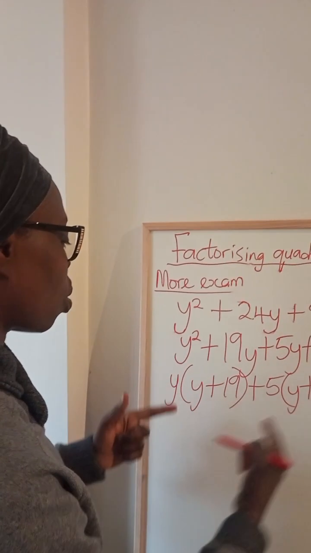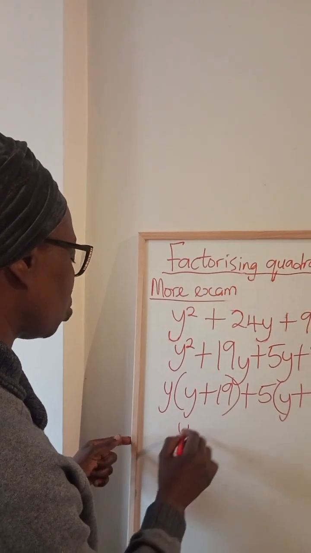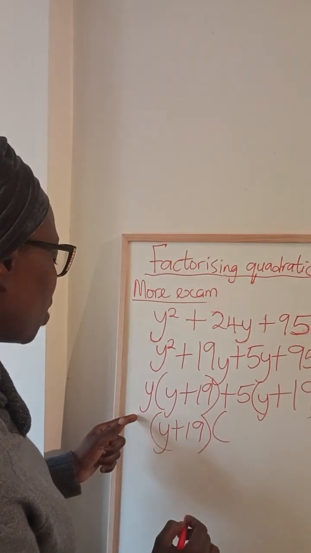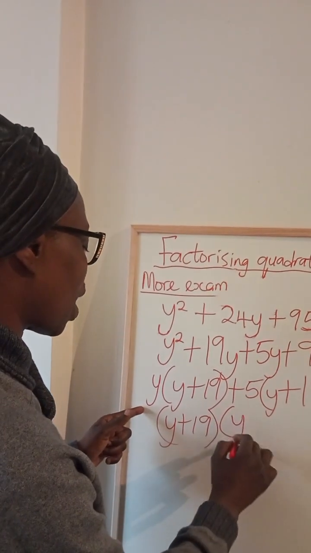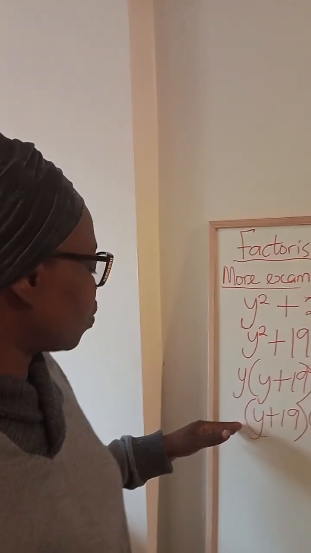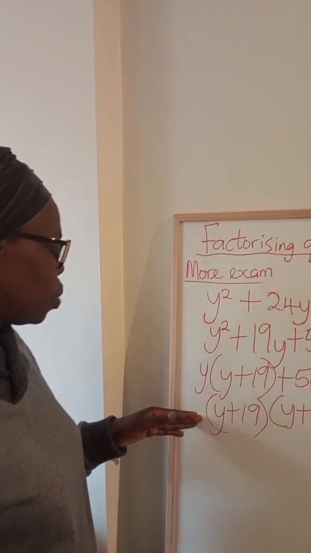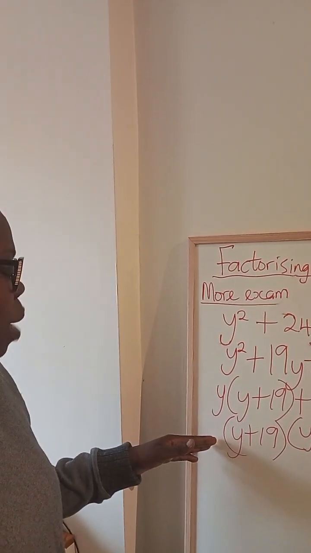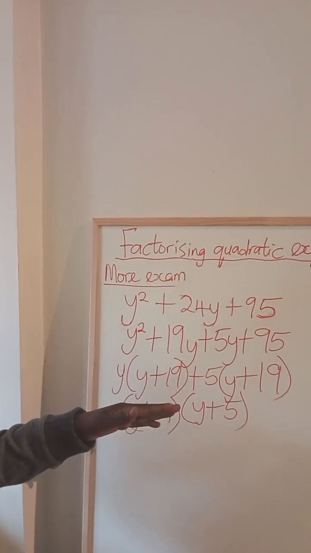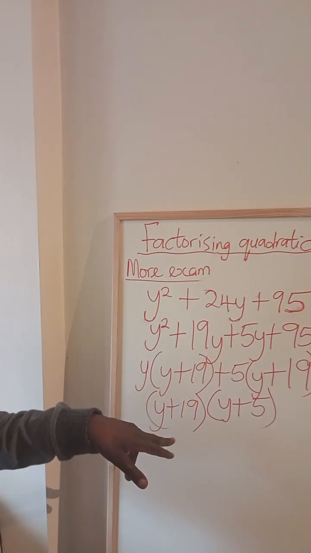So we can pick one of the brackets, which is y plus 19, and factorize out y plus 5. So we have the result for this factorization to be open bracket y plus 19 close bracket, open another bracket y plus 5.